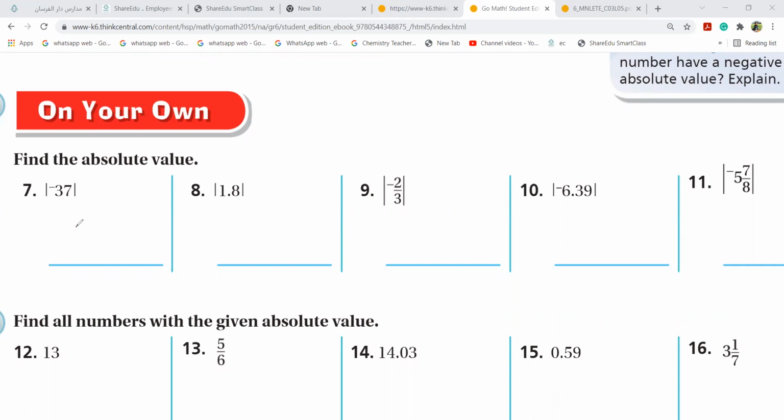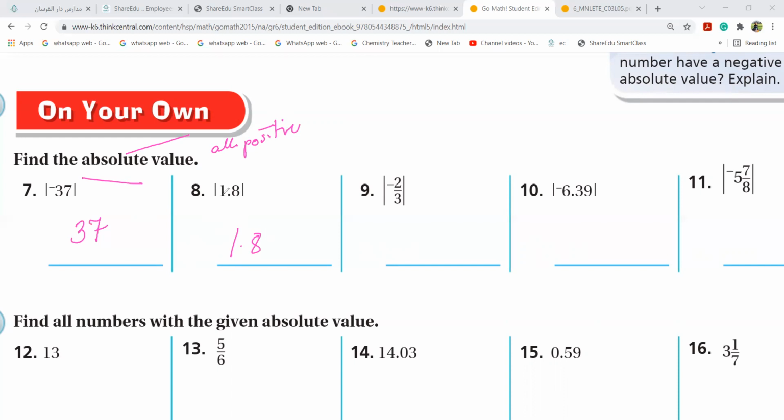Negative will become positive. Absolute value always means all positive. If I ask you what is the absolute value of 1.8, what is your answer? 1.8, the same answer, positive.